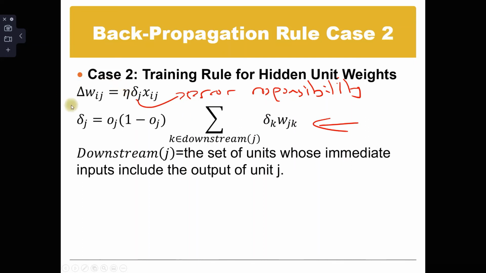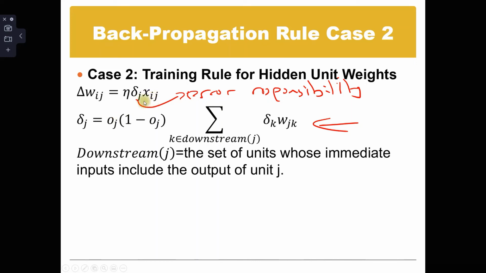So the idea is the same. You will need your eta, your learning rate, multiplied by your delta J, which represents the error responsibility at a particular node. For our case, you will have two possible deltas, one for node A, one for node B, multiplied by the input from the first input node to node A, the input from the first node to node B, things like that.